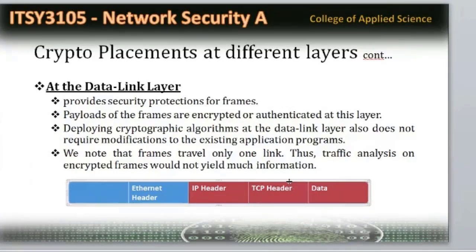This is not from me. What I included is only the Ethernet header. Except this, the remaining everything will be encrypted. So if you have data link layer encryption, you can encrypt the payload part.